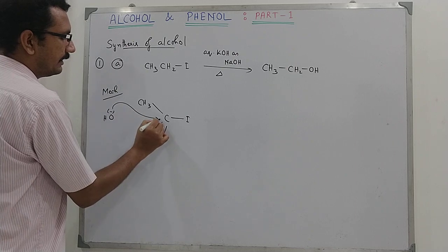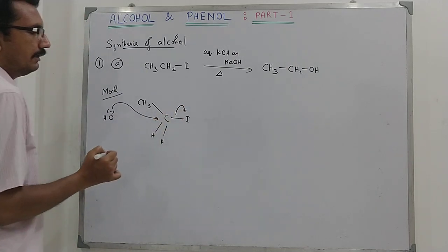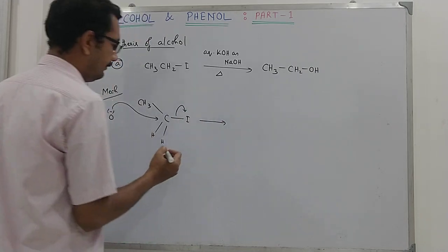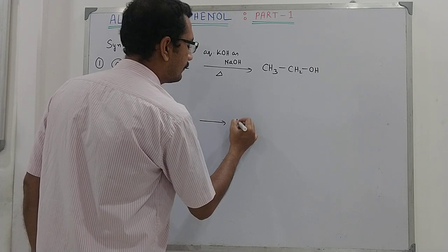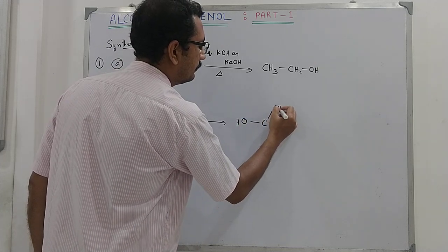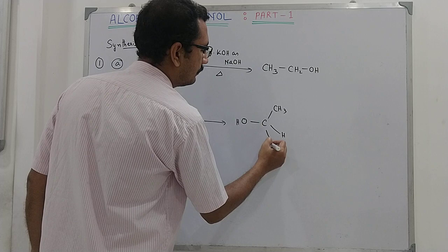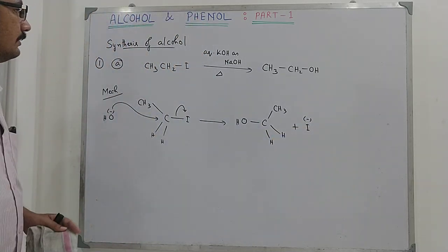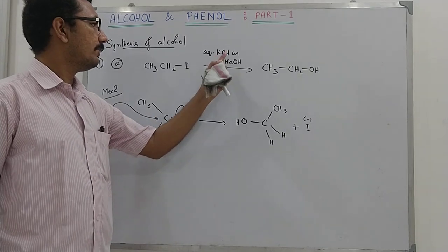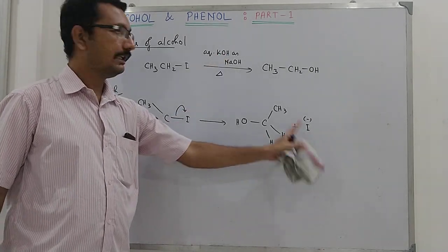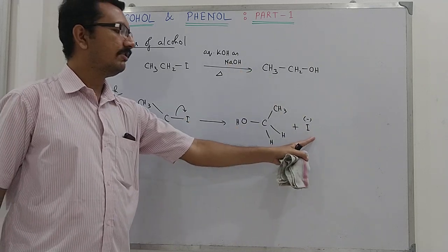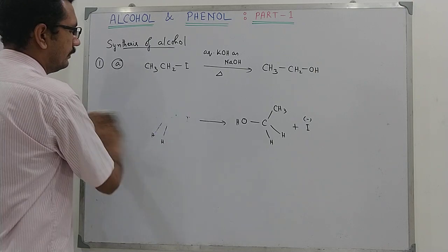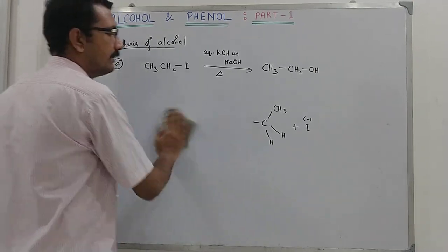So OH minus will attack at the antibonding and I will leave the system. It is a leaving group and we will have inversion, and the product is ethanol. Now if we use KOH, the byproduct will be KI, and if we use NaOH, the byproduct will be NaI. This is an SN2 reaction, nucleophilic substitution second order.